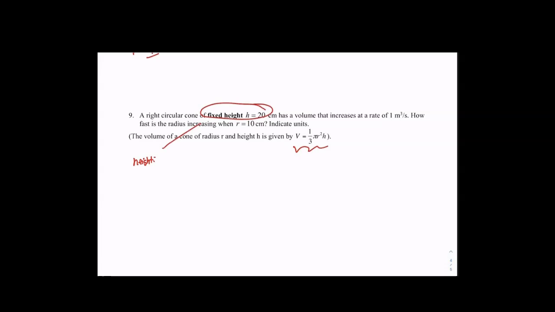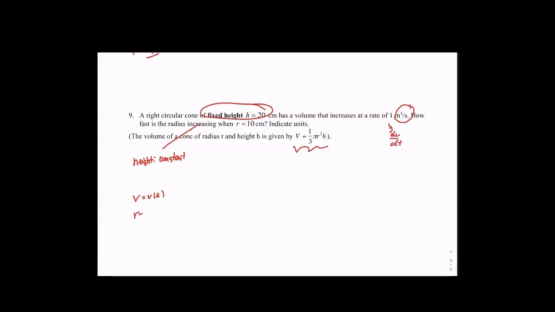Okay, but what does that mean about height? It's constant. So it's not a function of time. So volume is a function of time, and they give me cubic meters per second, which tells me volume per second. So that, of course, is my dV/dt.